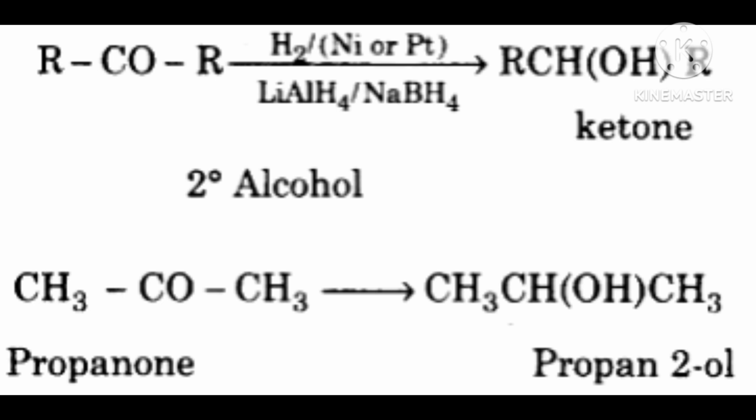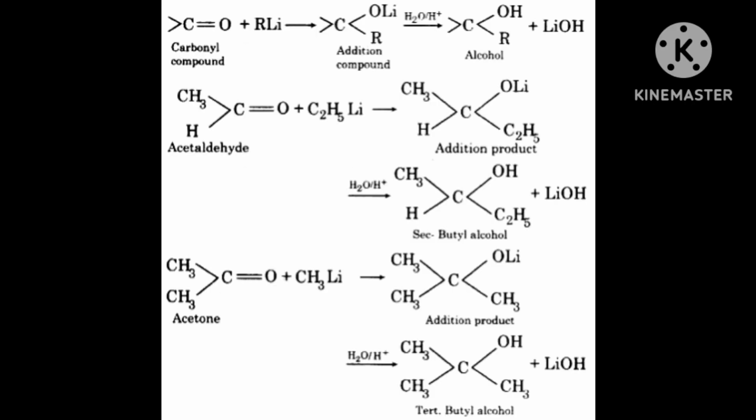Commercially, acids are reduced to alcohol by converting them to ester, followed by their reduction using hydrogen in the presence of a catalyst. This is called catalytic hydrogenation. Generally, the acid is converted into ester, and when the ester is hydrogenated, it is converted to alcohol.